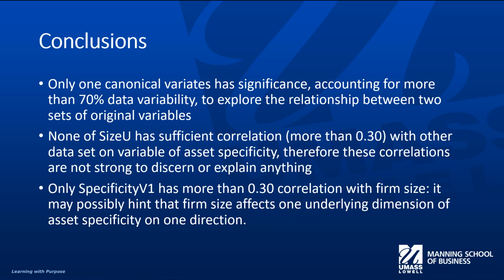So these correlations are not strong enough to discern and explain anything. However, we still have one specificity variate with more than 0.3 correlation coefficient with the firm size. So this could be one useful implication to explore any hypothesis between the variables on firm size and on asset specificity.